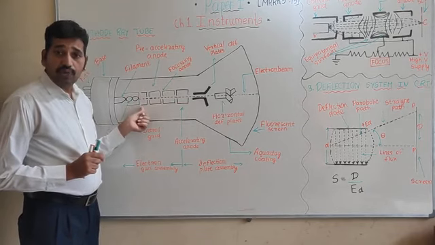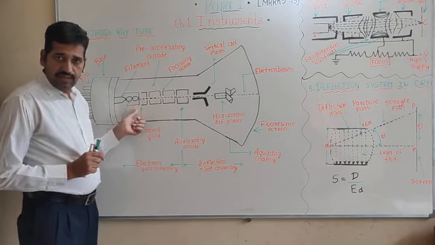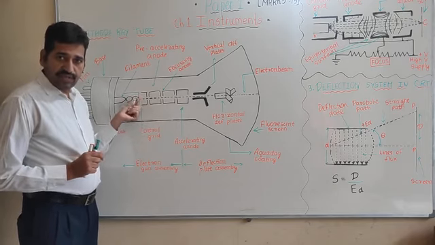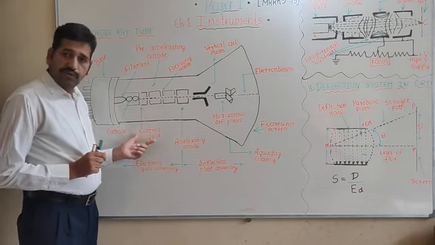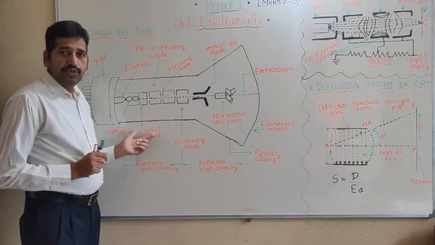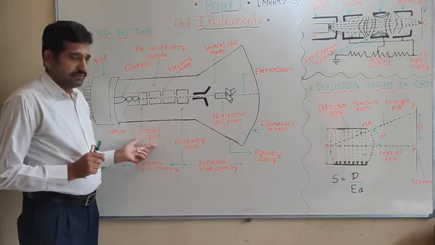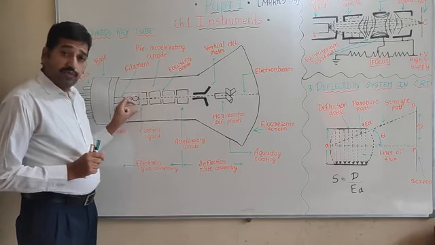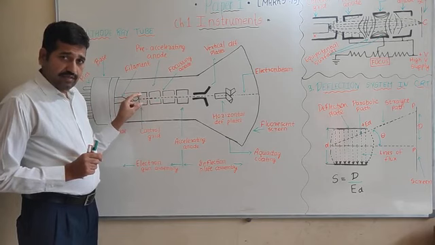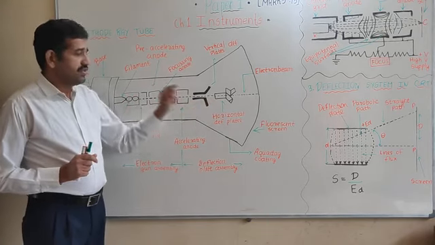The control grid is mounted near the cathode, which is a cylindrical disc having a small aperture at the center. We can vary the voltage given to the control grid by the intensity control. The control grid converges these electrons at the center and passes them through its aperture towards the screen.